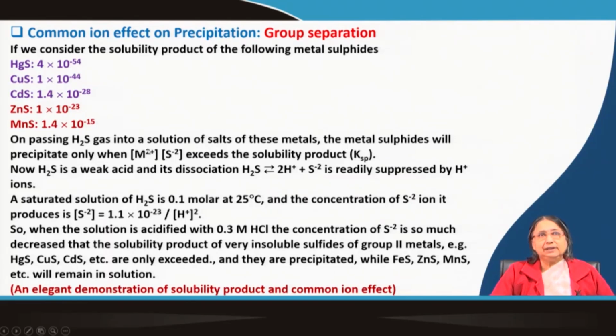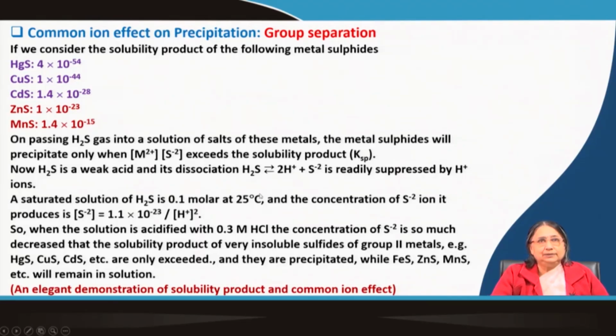On passing H2S gas into a solution of salts of these metals, the metal sulphides will precipitate only when the M2 plus ion concentration times the sulphide ion concentration exceeds the solubility product, that is Ksp. This we have seen already, with the saturated solution, unsaturated solution and supersaturated solution; only when it reaches the Ksp value will they be precipitated.